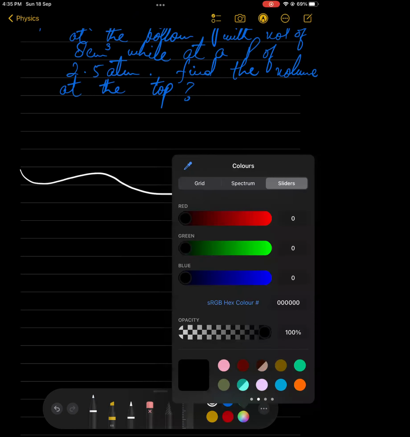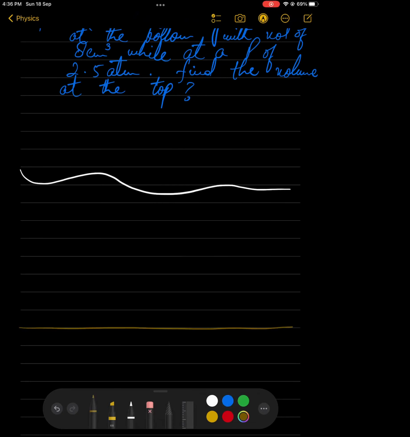So what happens is that on the very base of this particular lake, आपके पास एक bubble था, a bubble of air, and it was having a volume of 8 cm cube, while the pressure being applied onto it was 2.5. Now they are asking कि हमने इस bubble को पकड़ा and we brought it to the very top.